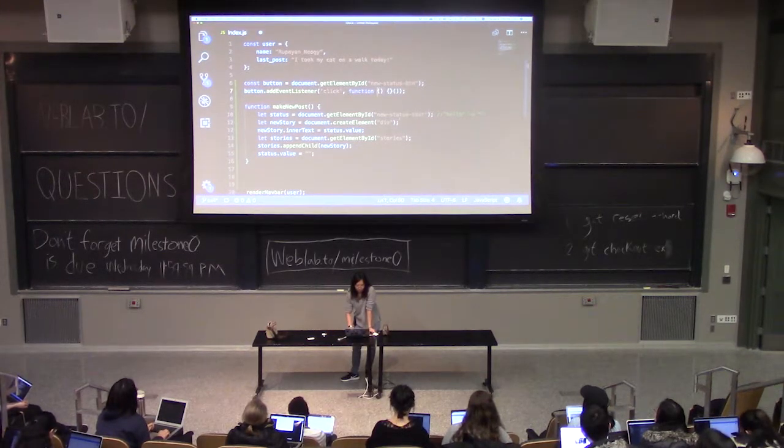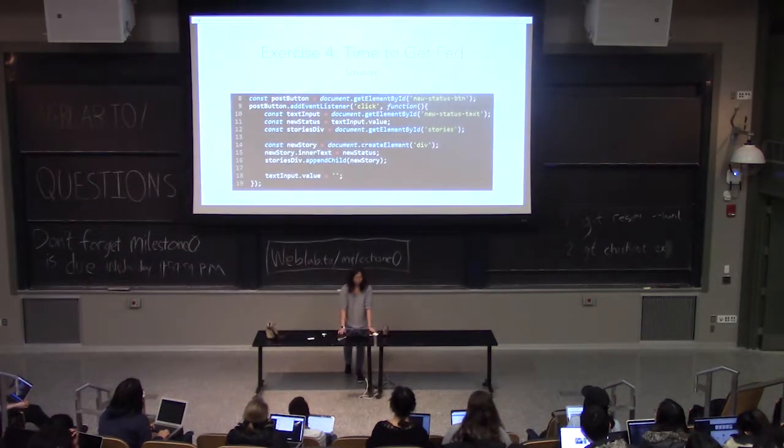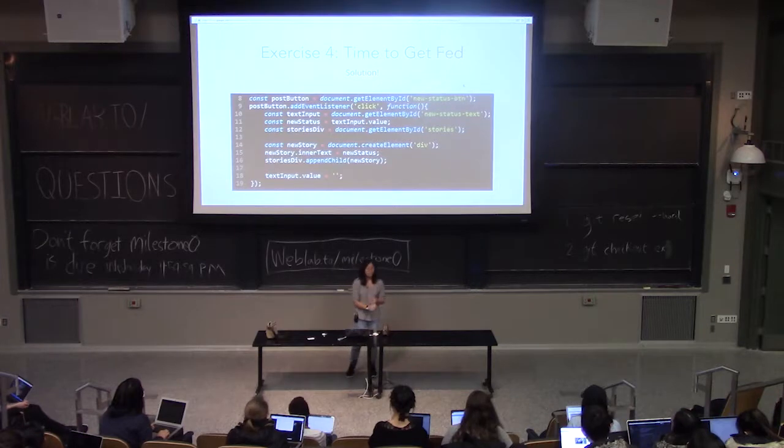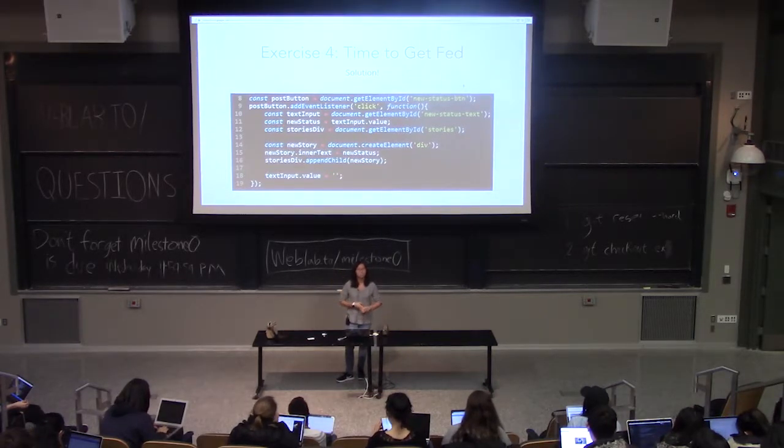But because function here is actually creating and declaring the function itself, we don't have this issue. That's why that's there. So it does similar things: grabs the text input, grabs the new status, gets our stories div, and then we create the element, change the inner text, append the child, and then we change the value.